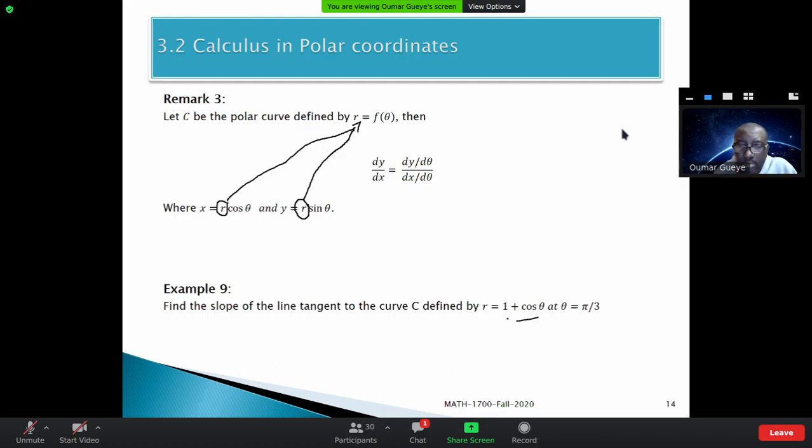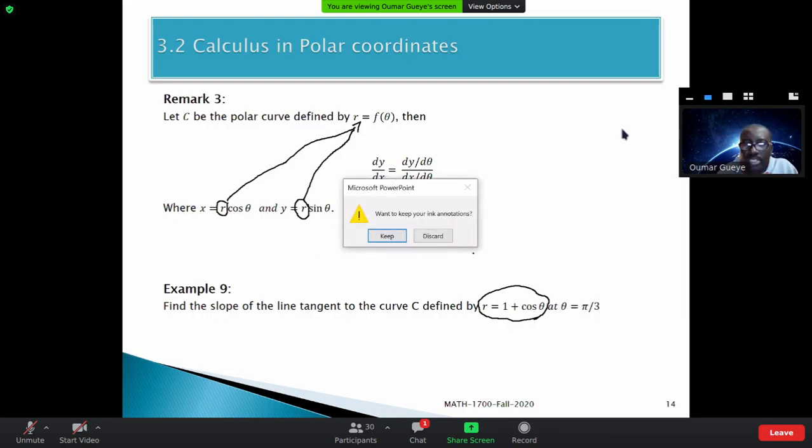This is the equation of C, and we want to get the slope at pi over 3. So now let's see how to calculate it.